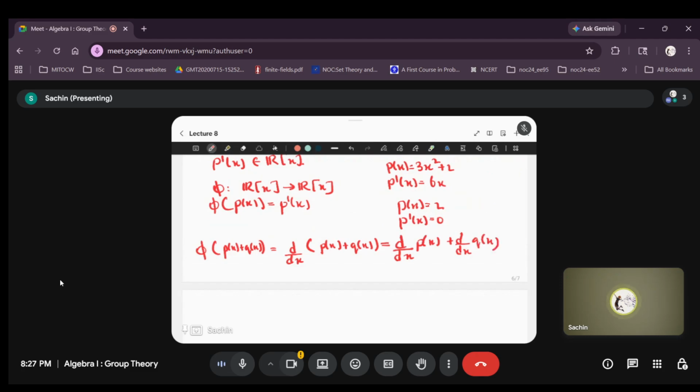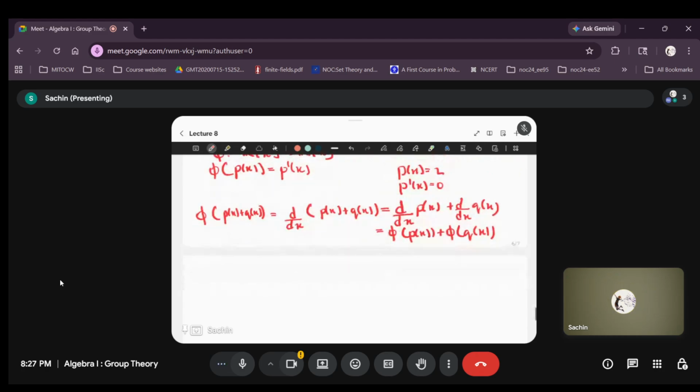So that is simply P of x plus P of Q of x. So it is a homomorphism.